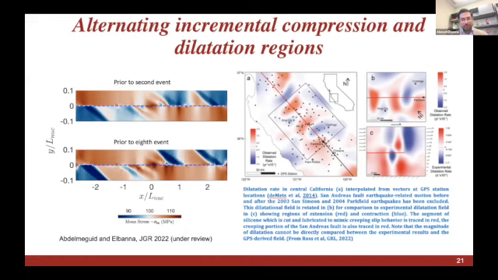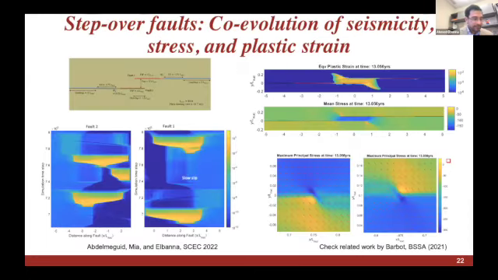And this was recently observed in experiments, and some connections were made to radar observations for the San Andreas fault, this alternating compression and tension deformation.